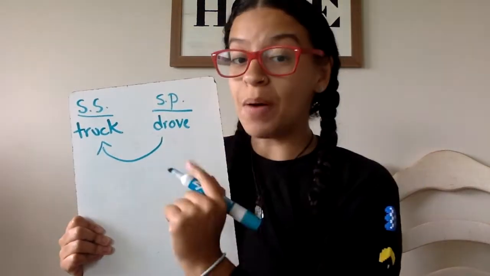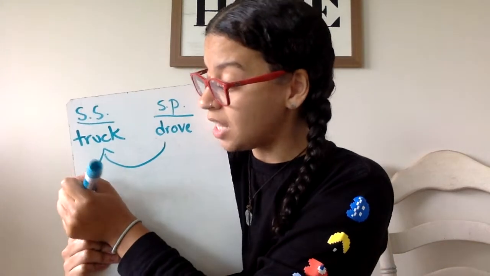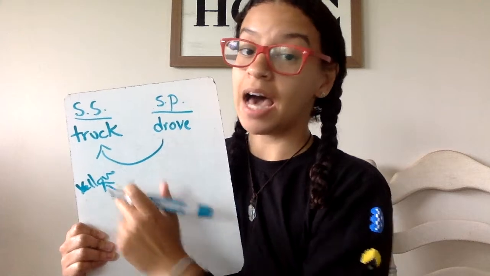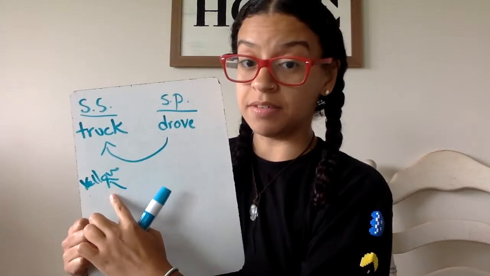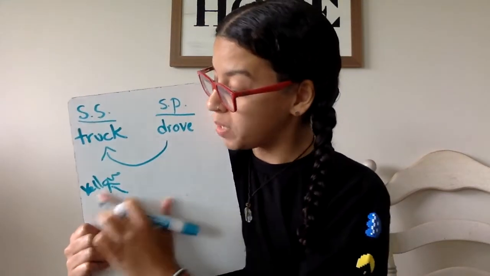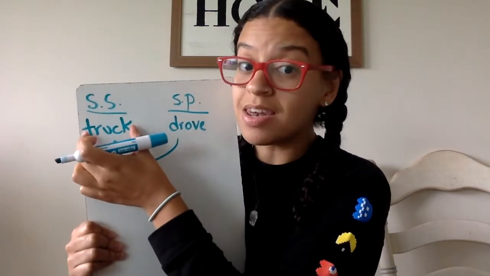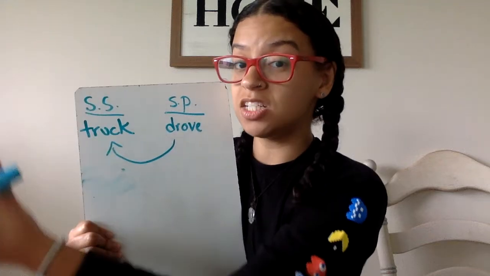Mwah. Now, I know you might have been tempted to put yellow truck, but yellow itself is not a noun. It is an adjective that's describing the noun. So make sure when you're doing your simple subject, you're only writing down the noun, not the adjective that's describing the noun.